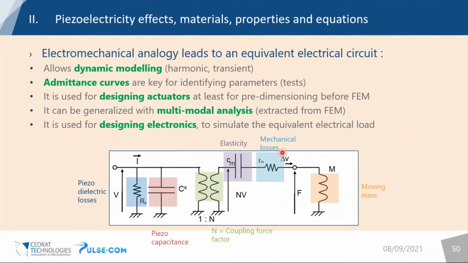But this electromechanical analogy is used for the design of three-dimension piezo actuators, but we often also use finite element methods, because this approximation doesn't give you much information about the stresses, and also this is only representing one mode of excitation.